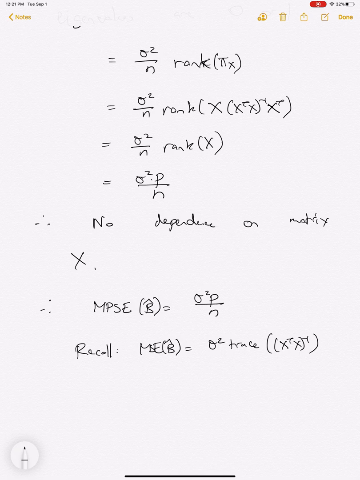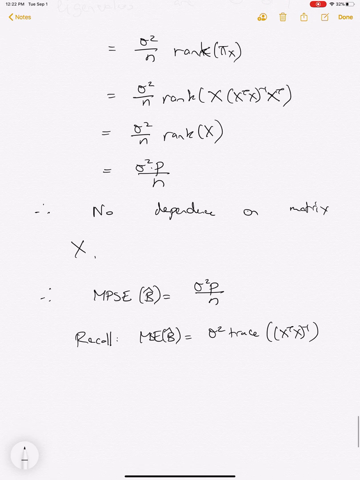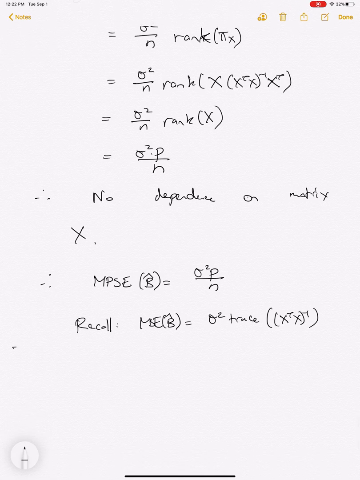That clearly depends on X and on the correlation of the features. We don't have anything like that here for the MSPE, and so that's really nice.